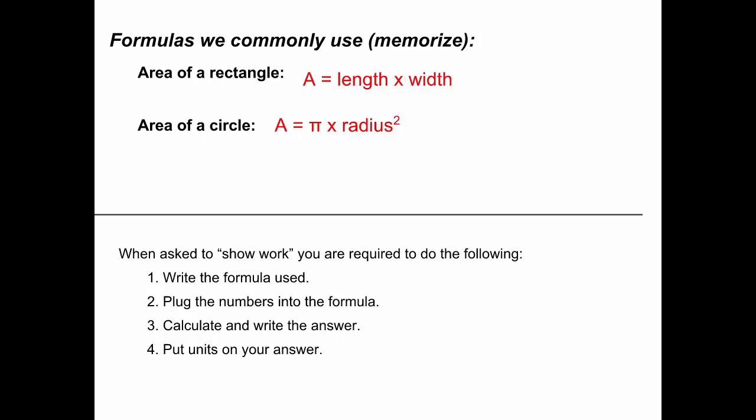Now, as we complete the next labs this unit and throughout the year, often the instructions are going to say, when you're solving a problem using a formula, to show your work. And we need something maybe a little different than what you would think. I don't need to see your long math work, your multiplication and division and so forth. When we say show your work, here's what I need every time. First step, you write the formula you are using.